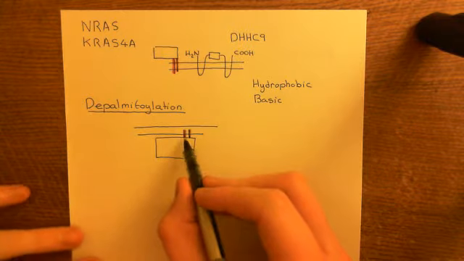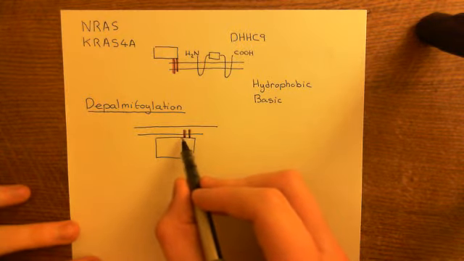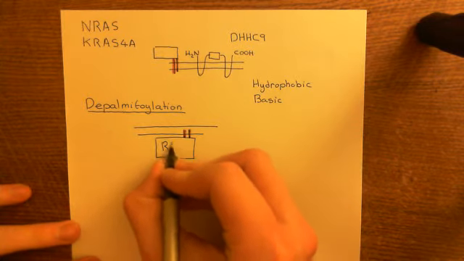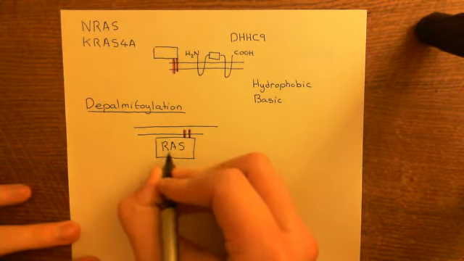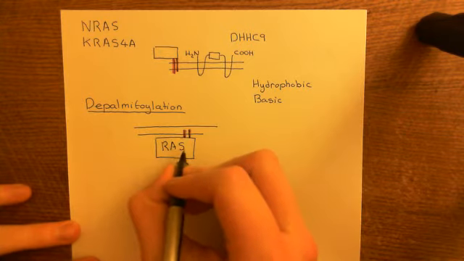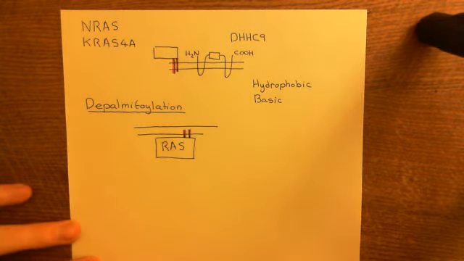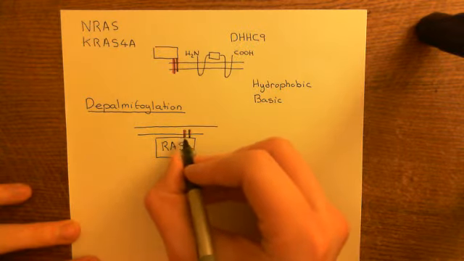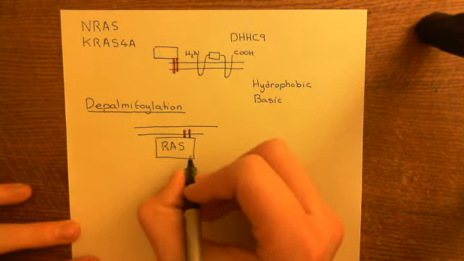Now basically, if you were to chop off this palmitoyl group, then the RAS protein, which is either NRas, HRas, or KRas 4A, and remember, we're not talking about KRas 4B now because it won't have palmitoyl groups stuck onto it, if you chop off that palmitoyl group, then it will come out of the plasma membrane.